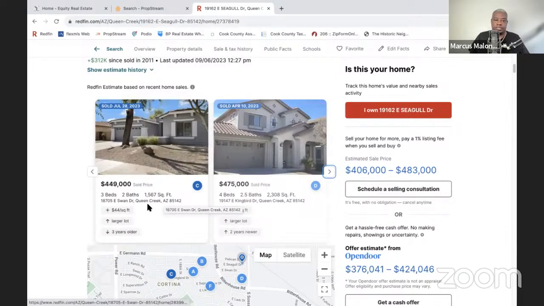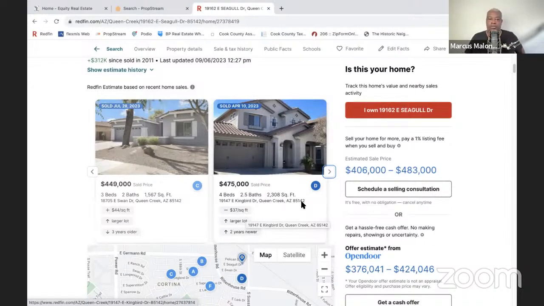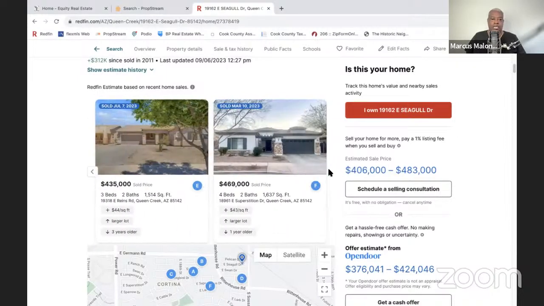We could use this one. This one is 4 bedrooms, 2.5 baths. We can't use that one because it's a lot bigger. And then this one, 469, 4, 2.5, 435, 3 bedrooms, 2 baths, 14 square feet.